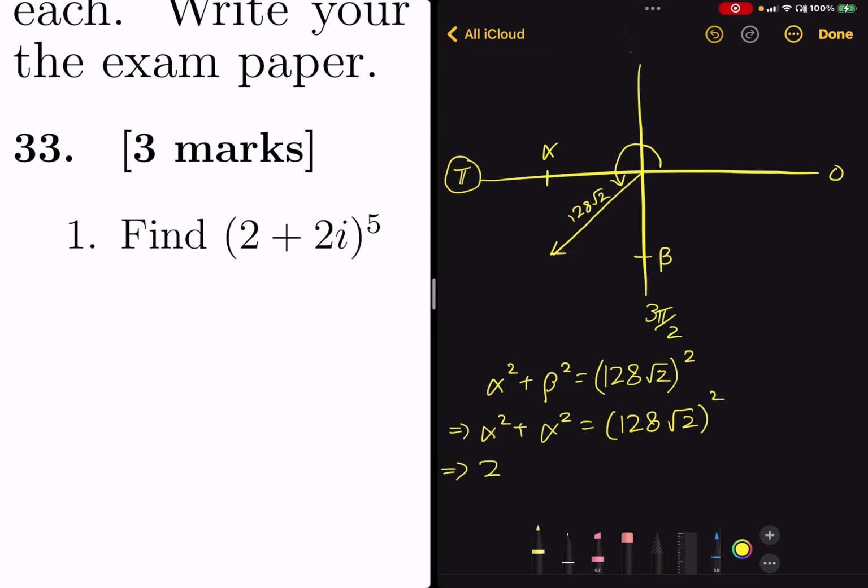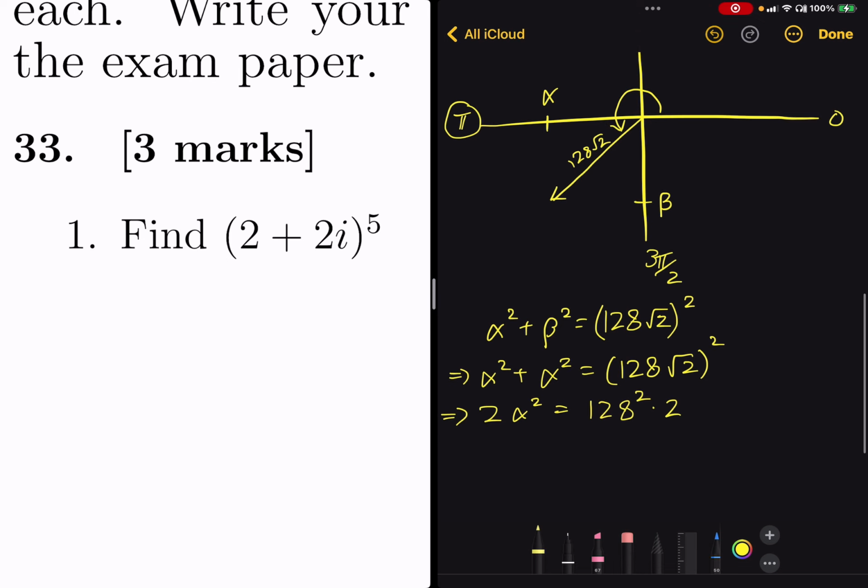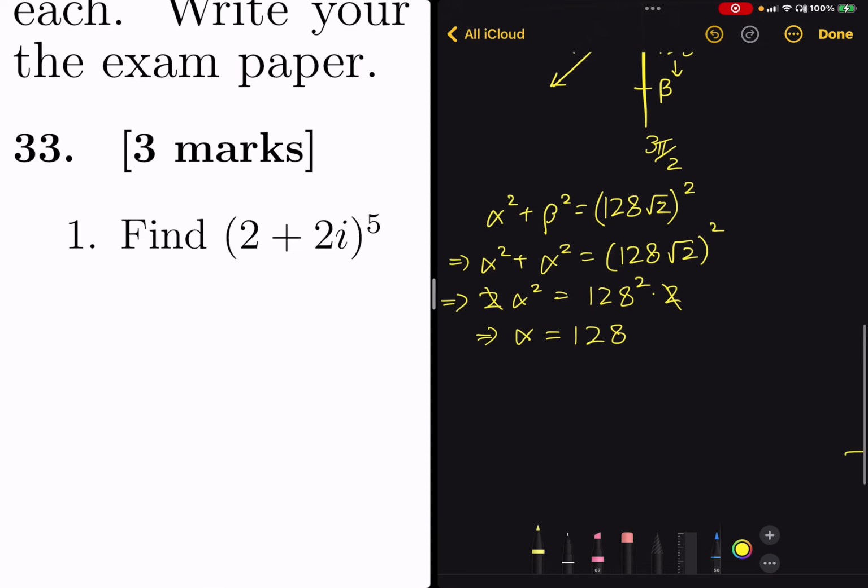So this is 2 alpha squared is equal to 128 squared times 2. We can divide both sides by 2, take the square root. This tells us that alpha should be 128. So this means this distance is 128, so the x coordinate is minus 128. This distance will also be 128, so the y coordinate will be minus 128i.